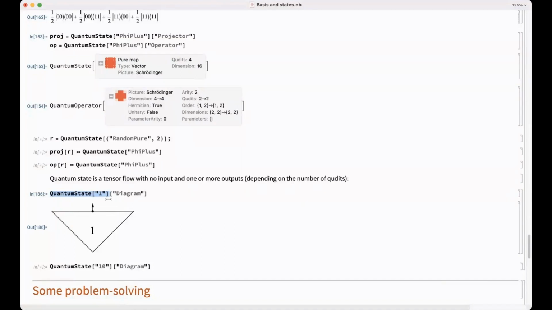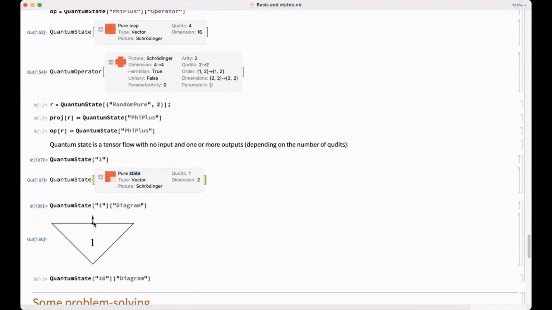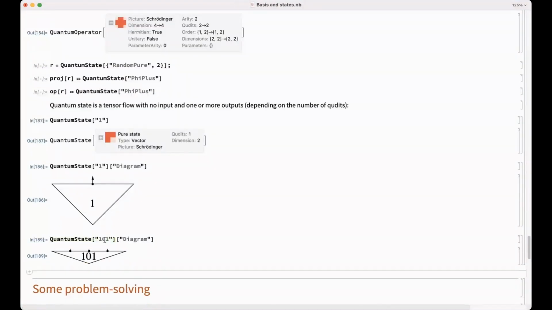For example, when they say that it's a state, it usually means that you only have some output or multiple outputs. Like here it has one output, here it has two outputs, right? You can have three outputs. But that's what I usually mean by a state.